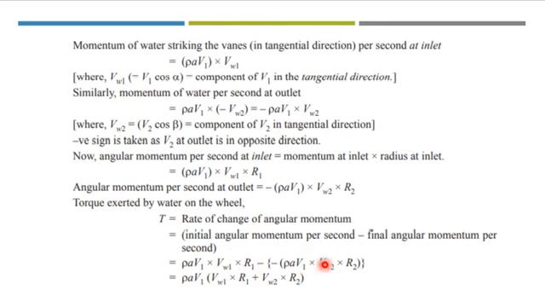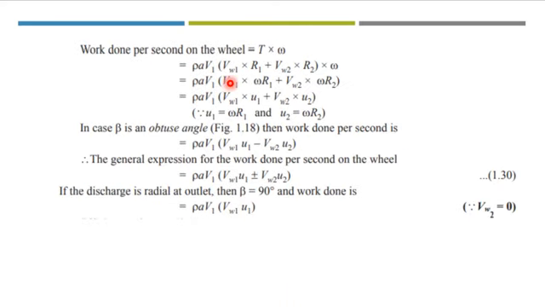Now, the torque exerted by water on the wheel will be the rate of change of angular momentum. So, initial angular momentum per second minus final angular momentum per second. We enter the values: rho a v1 into vw1 into r1, this is the initial angular momentum, minus rho a v1 vw2 into r2, this is the final angular momentum.